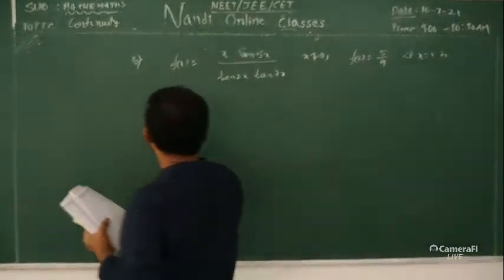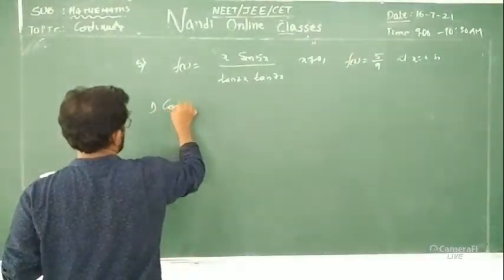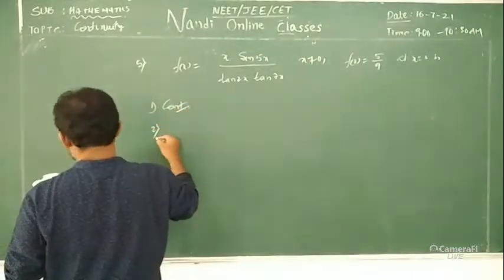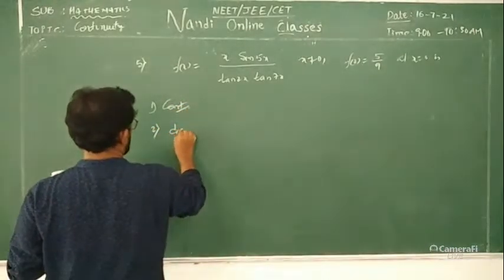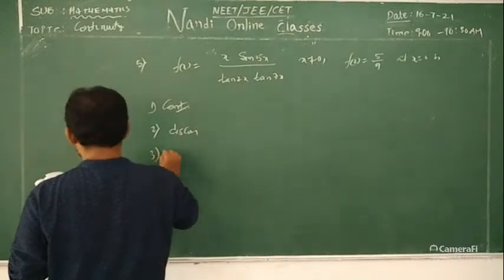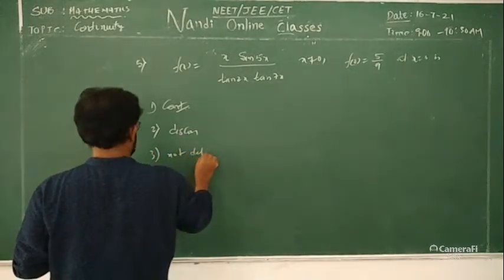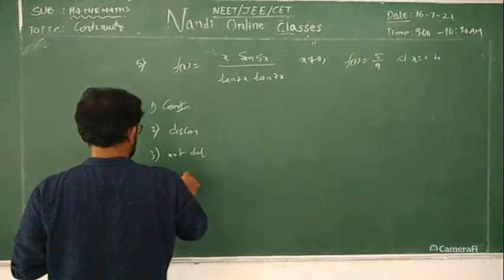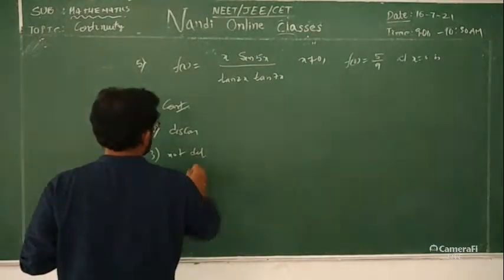At x is equal to 0 it is, first one, continuous, second one, discontinuous, not determined, none.